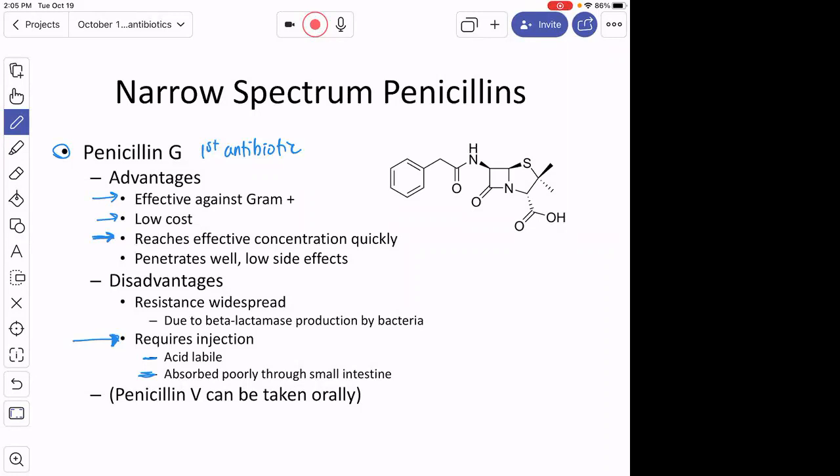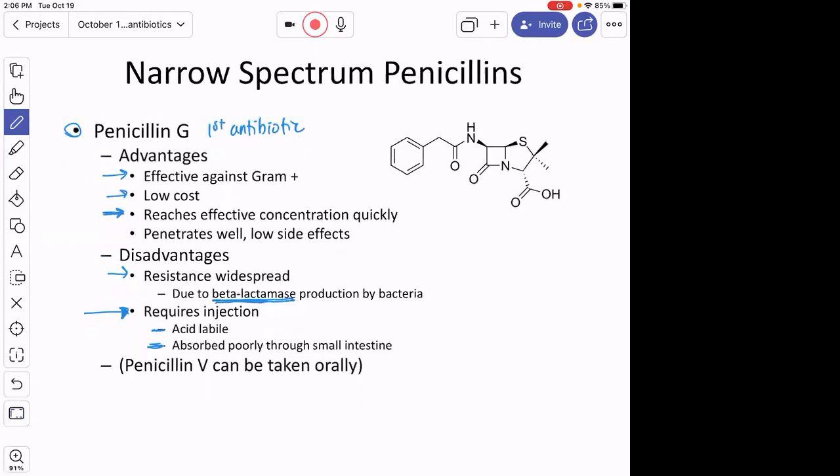The big disadvantage is that we hardly ever use penicillin G anymore because the resistance is so widespread. Even Alexander Fleming predicted that would happen, soon after we started marketing it. The reason resistance is widespread is that bacteria often acquire the ability to make an enzyme called beta-lactamase.